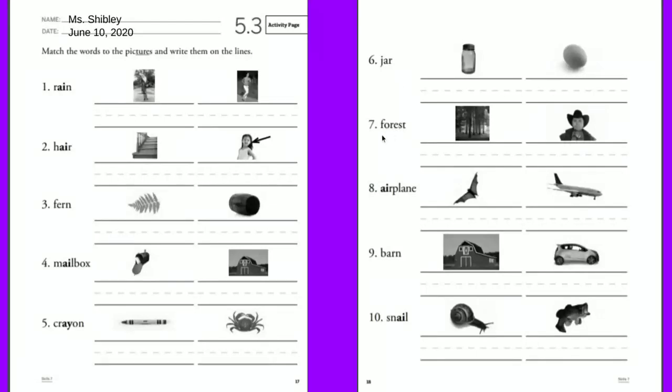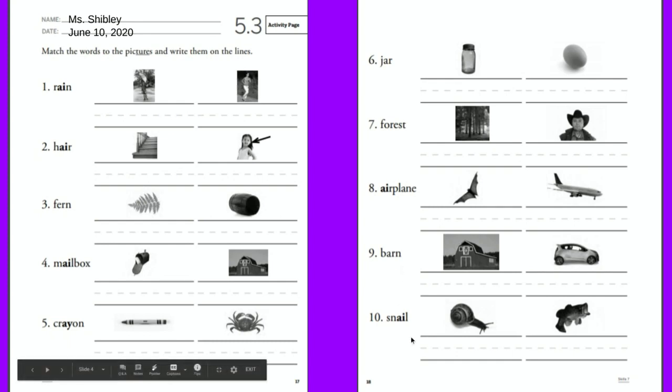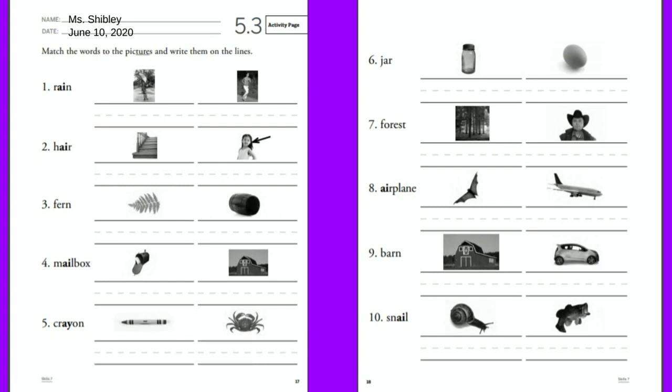Number 7, forest. Number 8, airplane. Number 9, barn. Number 10, snail. And remember, you can pause the video if you need more time to finish this page.